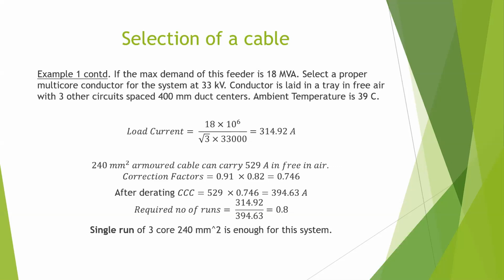You had an assignment from that. The similar thing applies here. When the amount of copper in the conductor is higher, our cost will go up. So you can do that analysis and find out how the cost is going to vary. So for this system, we can have 240 millimeter cable.